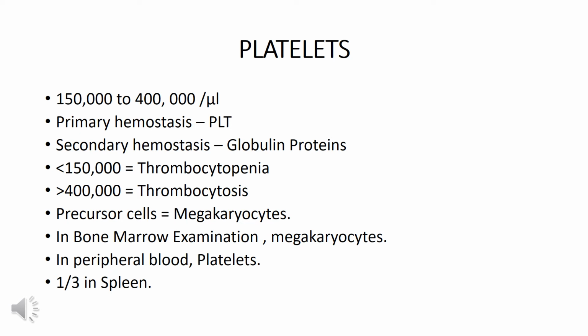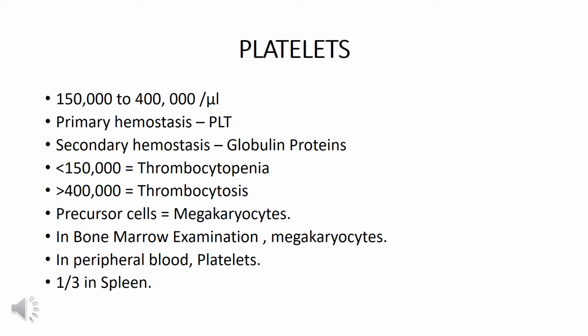Platelets don't have a nucleus, so platelets are anucleated cell-like structures. They are not completely cells because they are formed by the breaking of megakaryocytes during entrance into the blood vessels after formation in bone marrow. So in peripheral blood you find platelets, and in bone marrow examination you can observe megakaryocytes.